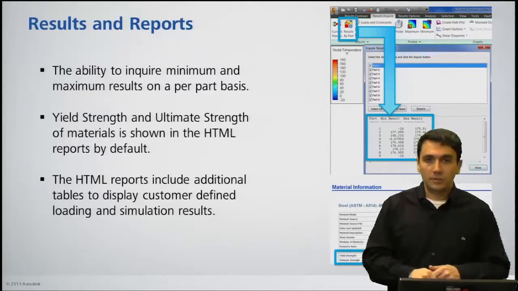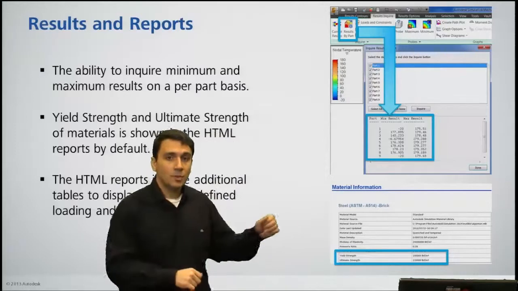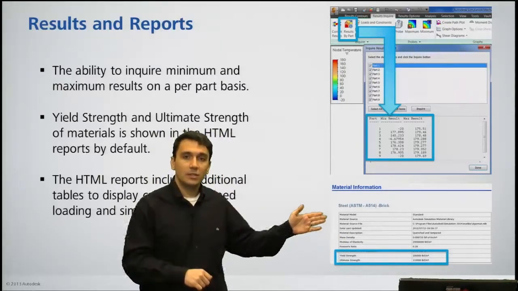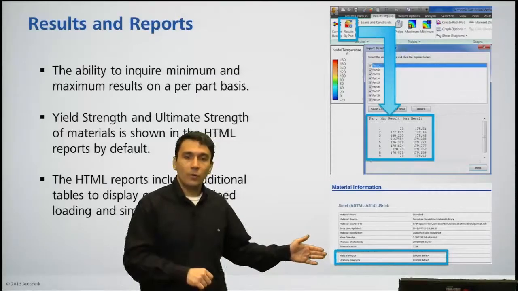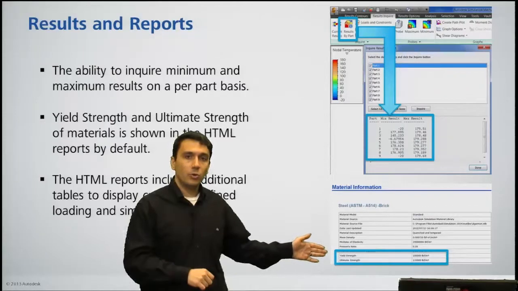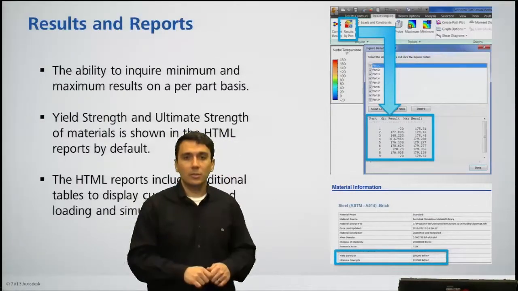The next improvement that I will highlight is for the report environment. Here I have an excerpt from our report environment, and this is the material information. For all the different parts and all the different materials, we will automatically showcase the yield and ultimate strength of the material properties that you've used.